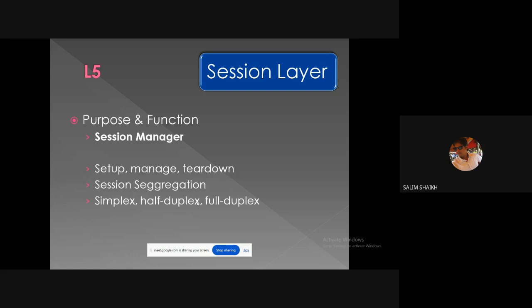So the session layer is basically your session manager for the OSI model. The main purpose of the session layer is to establish the connection, manage the connection, and also to tear down the connection. These are very important tasks that the session layer performs. Whenever two devices want to communicate, the session layer is the one that sets up the connection.